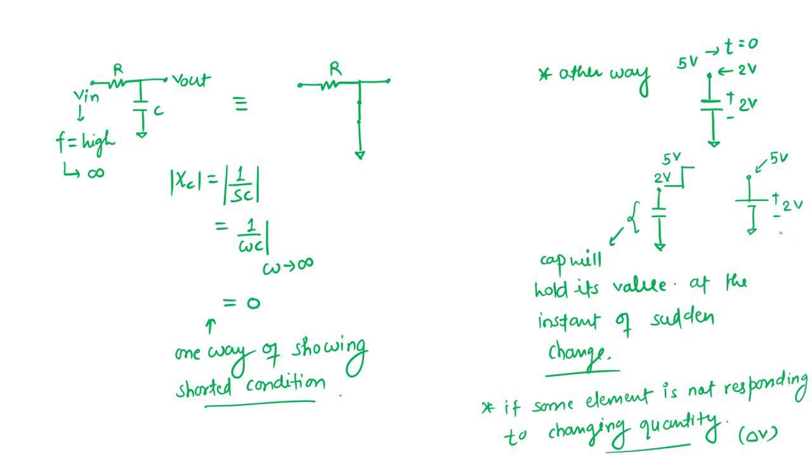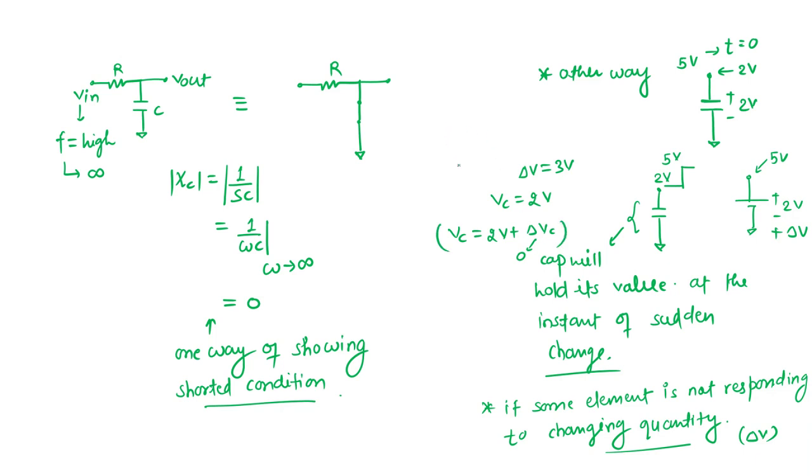You can see that 2 volt stays 2 volt. It is not getting any del V. So if 2 to 5 volt is some del V of 3 volt applied, but the capacitor is having only the 2 volt, it means the capacitor voltage has no effect of del V. I will say the del V across the capacitor is 0.